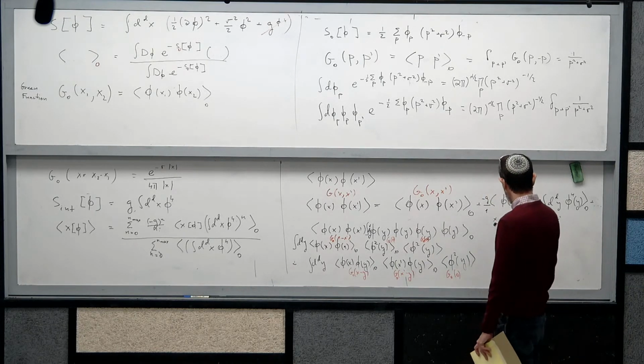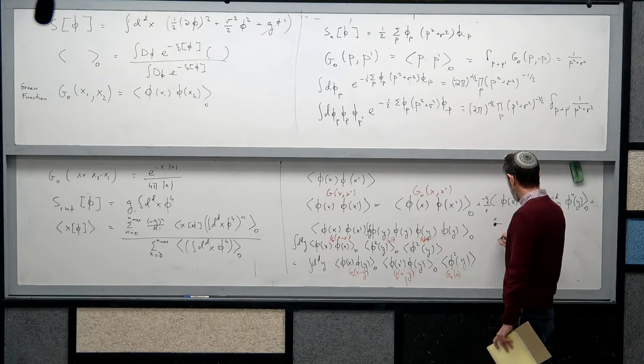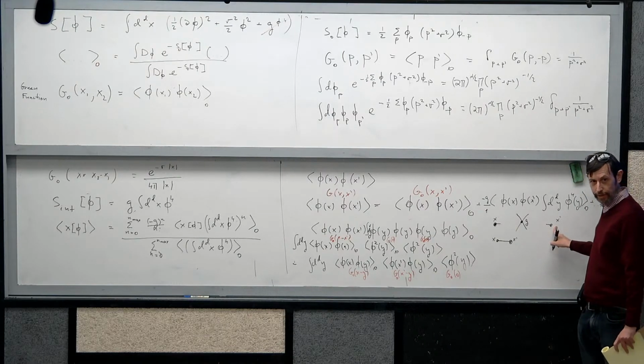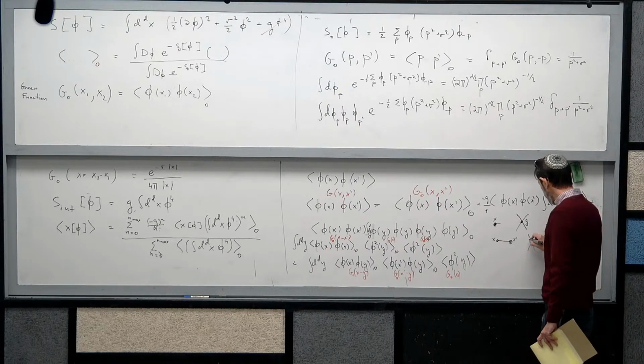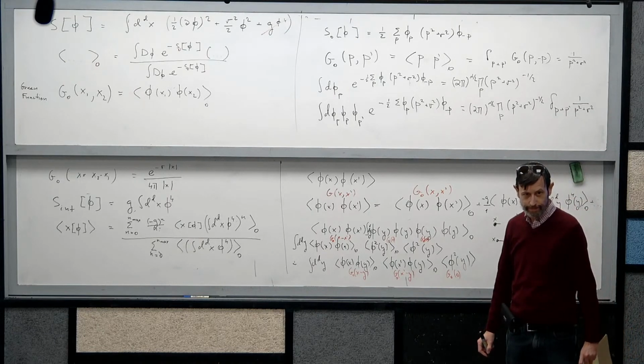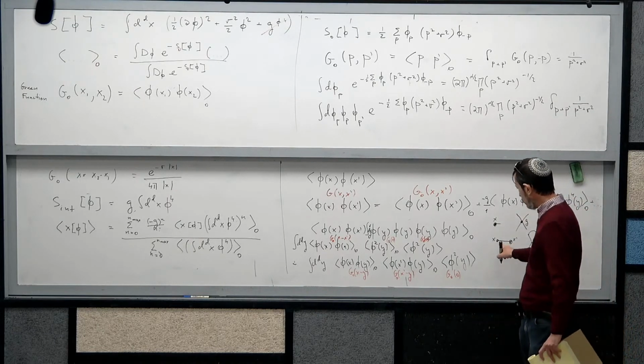So what do I mean? Let's do this thing. I directly connect this one to this one, and connect these two. So now I'm looking at what I have here.